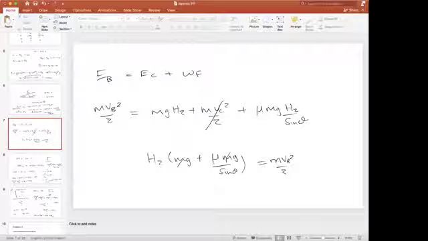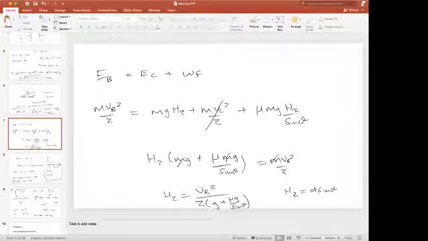These m's all cancel, and what I get is that h2 is vb squared over 2 times g plus mu g over sine theta. I'm not going to put numbers into that. You guys can if you want. Once you find h2, you can remember that h2 is d sine theta. So you can plug that in or divide through by sine theta and get d.